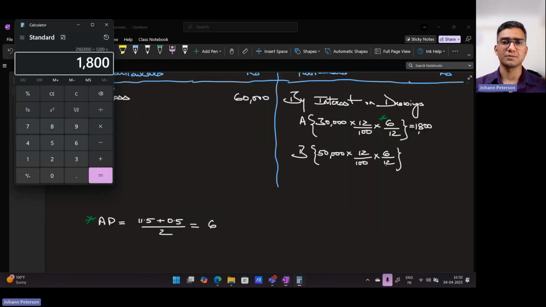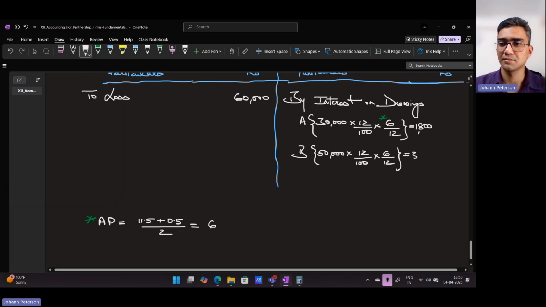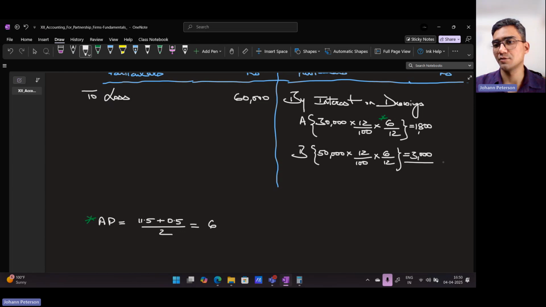So in this case, let's see what this is. 50,000 into 12, 6 is 72, divided by 1200 gives us 3,000. So my total is coming out as 4,800.